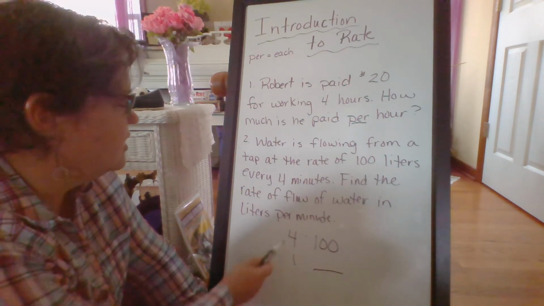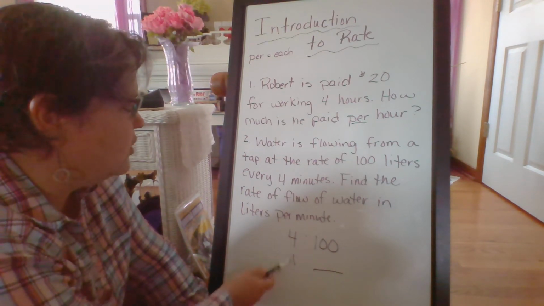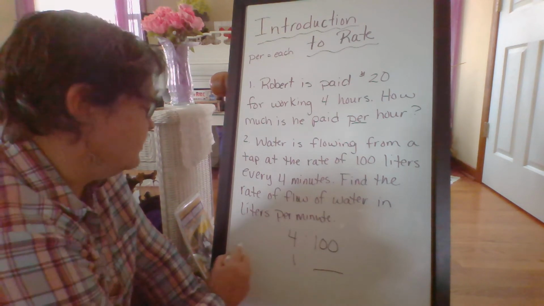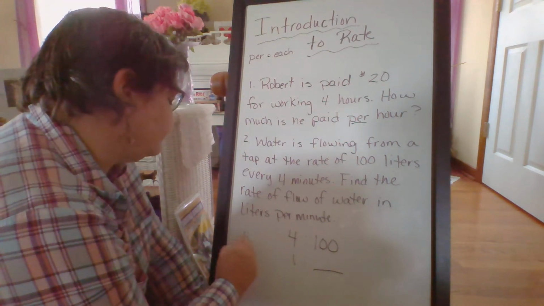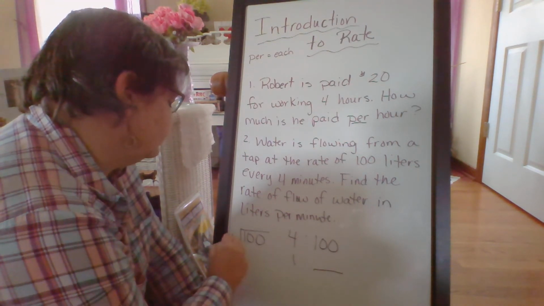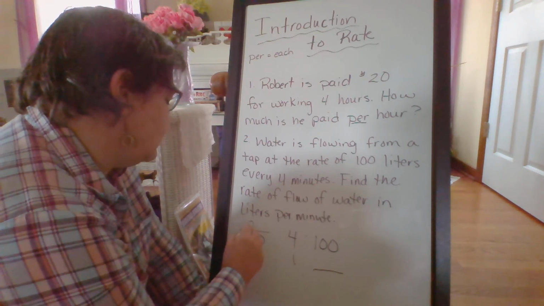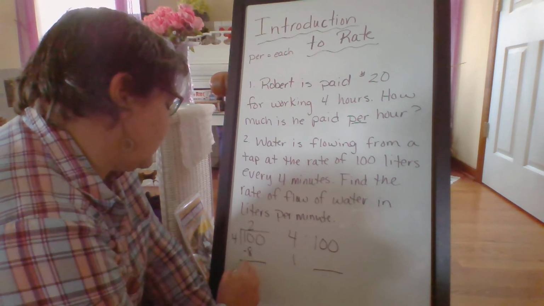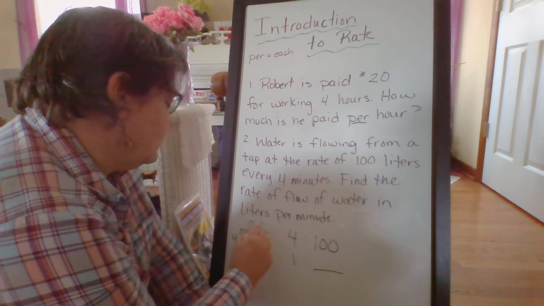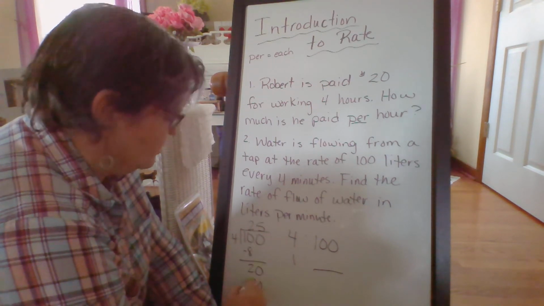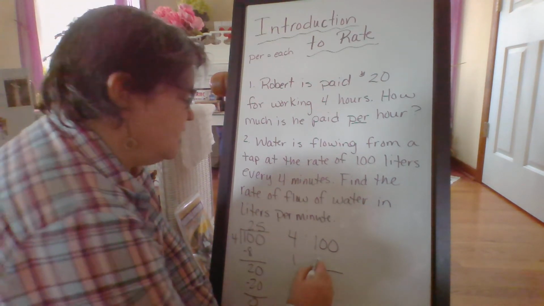Once again, I'm dividing 4 by 4 to get 1. So 100 divided by 4, 4 into 10 is 2, 8, subtract, bring down. I get 25.